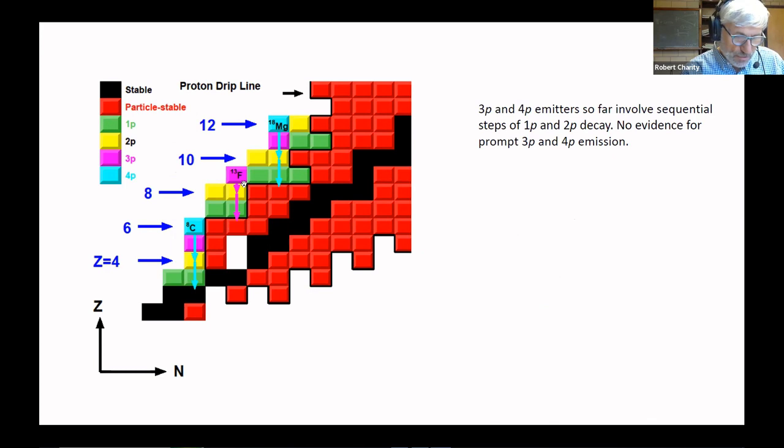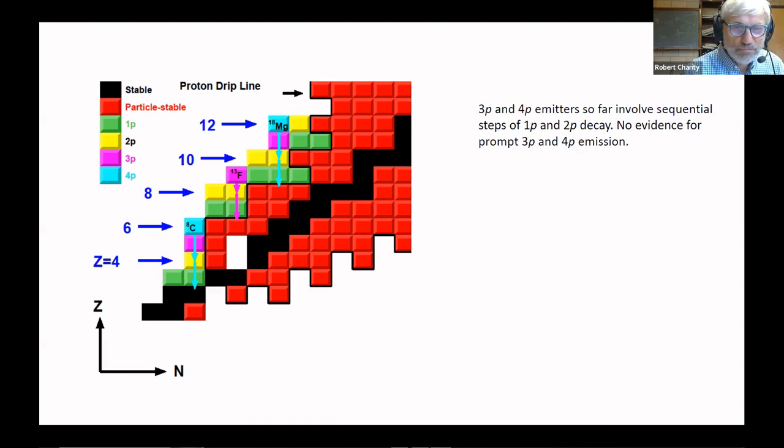It's a bit more difficult because if you remember, the peak sat on a huge background, so we can't say as much, but certainly it's clear that there's significant strength in fluorine 13 that passes through oxygen 12, the ground state and an excited state. And we can't rule out some other component, but we can't say there is. So at the moment, it appears once you go past 1 and 2 proton emitters, you're decaying by some sequential steps of 1 and 2 proton decay.